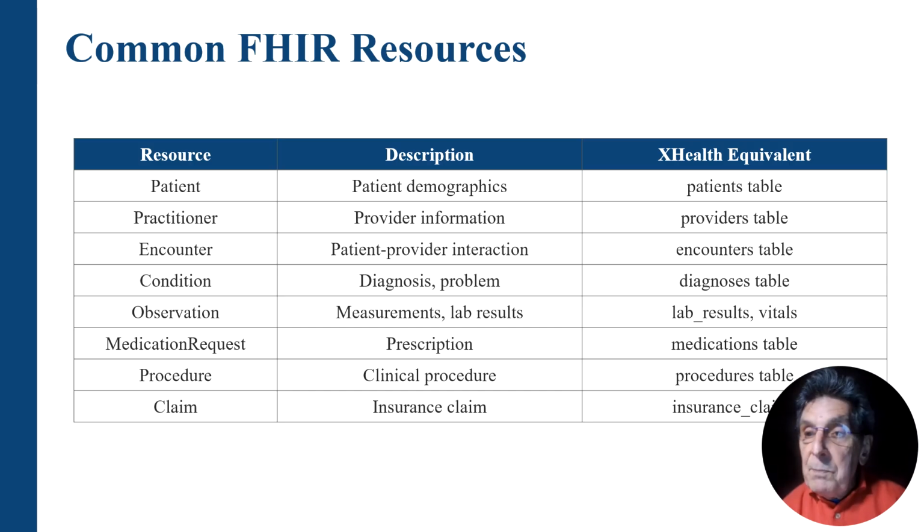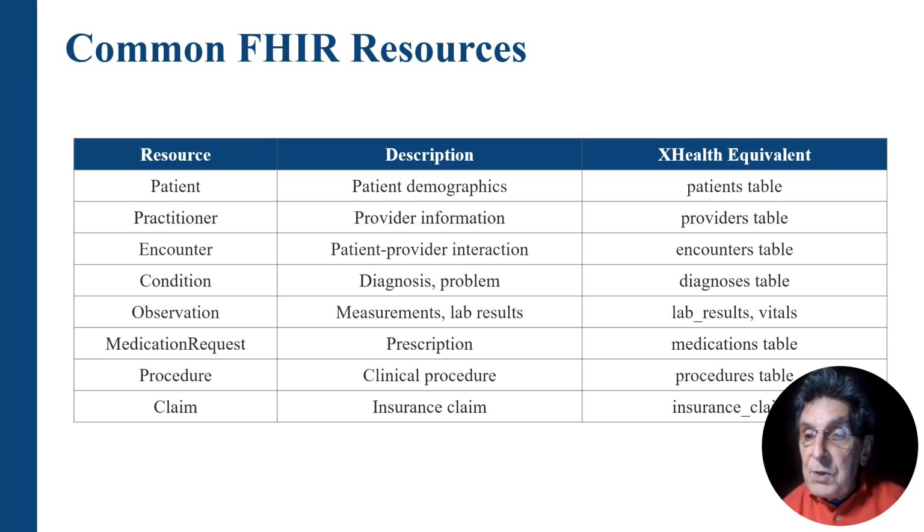Condition maps to diagnoses. It represents a clinical condition, a diagnosis, a problem, a health concern. The ICD-10 code goes in the code element. Then observation maps to lab results and vital signs. It represents any measured or observed finding, such as lab values, vital signs, social history observations.